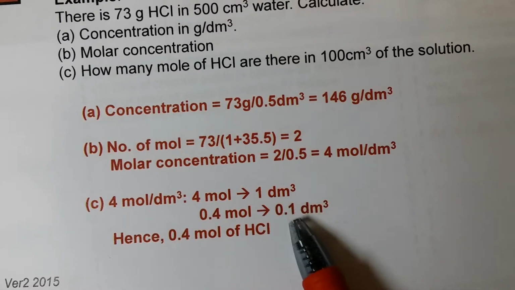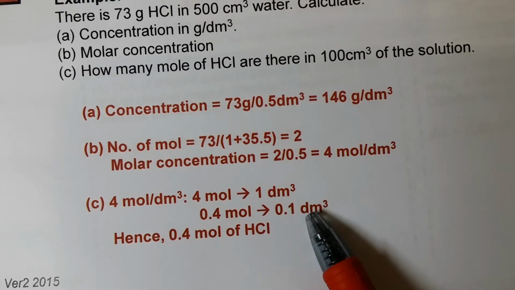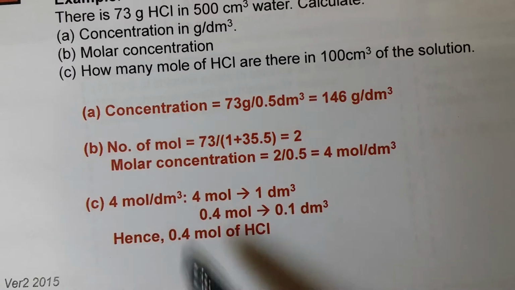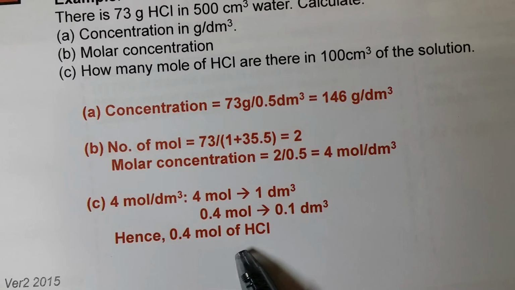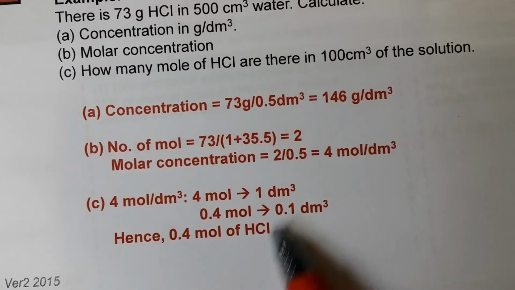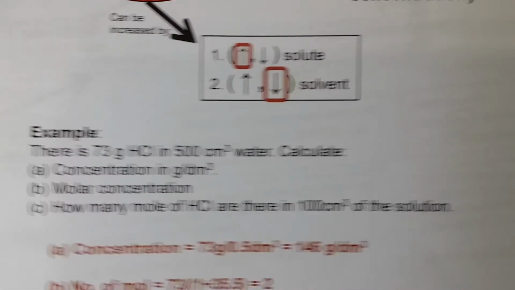So in 0.1 dm cube, this will be 0.4, because 1 changed to 0.1 has to be divided by 10. So 4 divided by 10, you get 0.4. Hence 0.4 mole of HCl in 100 cm cube of the solution. So this part is about concentration.